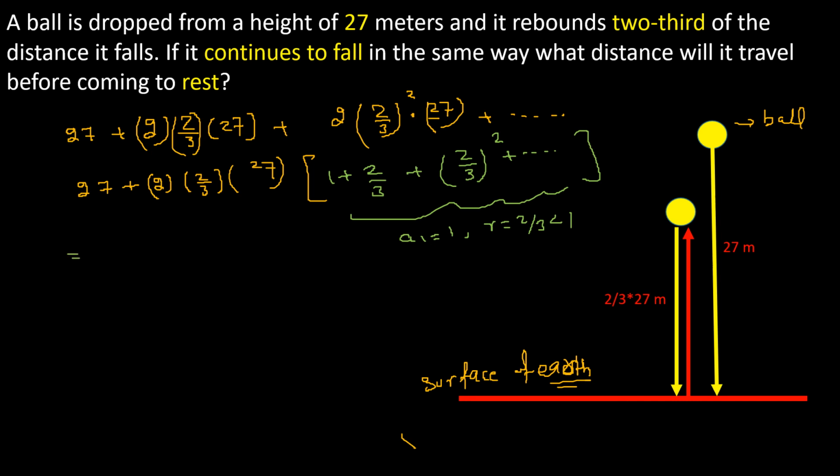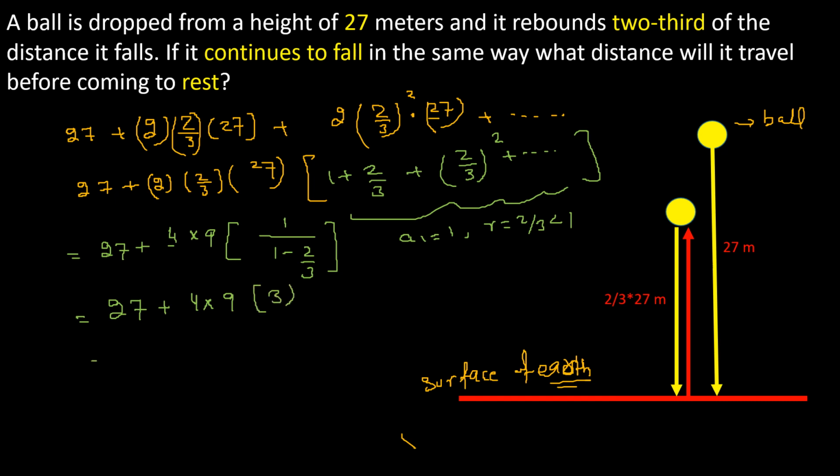So it makes it equal to 27 plus, that is 4 by 3, 3 nines are 27, so 4 times 9, into bracket, that is a1 which is 1 over 1 minus r, which is 2 by 3. Any confusion up to now? So I think no. If you have any, you can put the confusion into the comment box, so definitely I will answer you. So 3 minus 2 is 1 by 3, and 1 over 1 by 3 makes it 3.